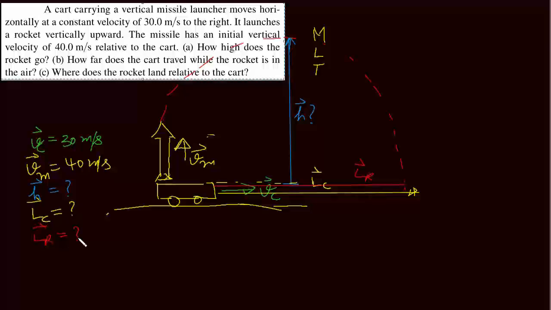We need to find out these 3 things, and let me write g, gravity. They have not given it, so we will use the standard value of gravity that is most common. With this picture, I have the confidence that I have understood the problem.